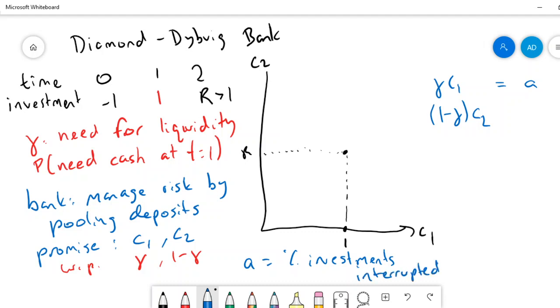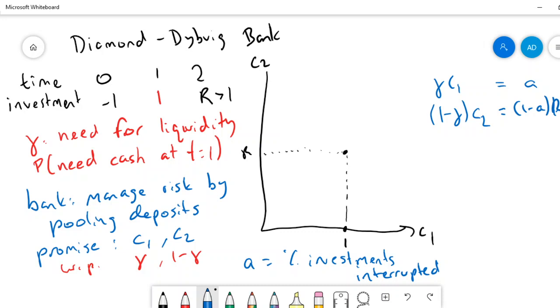It's promised people cash at time period 1 if they get hit by this liquidity shock, and some of them will, and the bank will have to cash out these investments to meet their needs. The remainder of the bank's obligations, the 1 minus gamma C2, can wait. The bank can wait till the future, cash out the remainder of its investments at R, and use that cash to meet those needs.